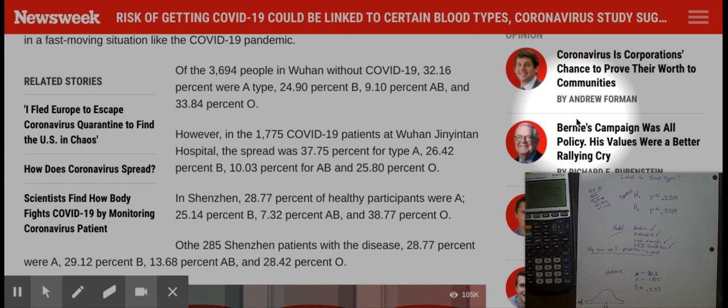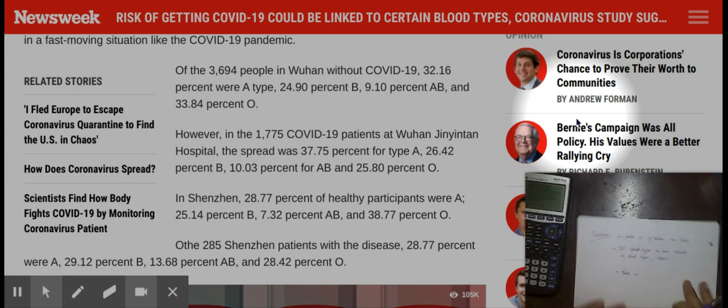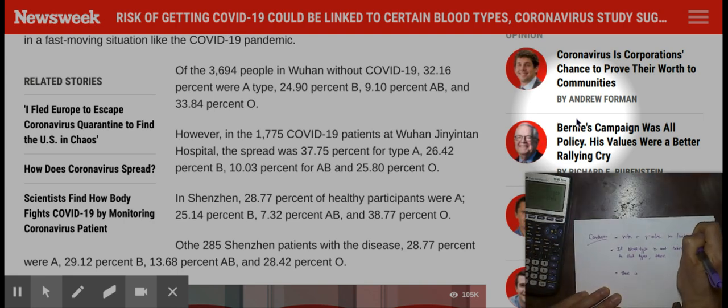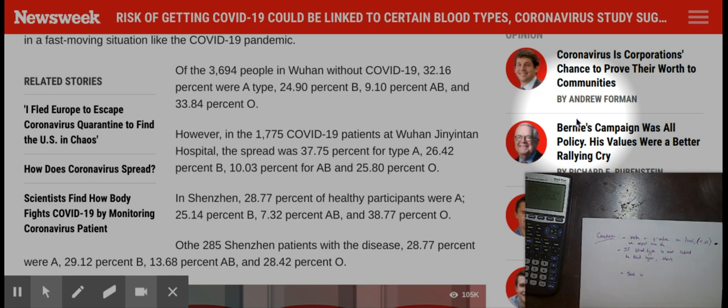Conclusion: with a p-value so low, I'm just going to say less than 1%, we reject the null hypothesis. It is very, very unlikely that this would happen.